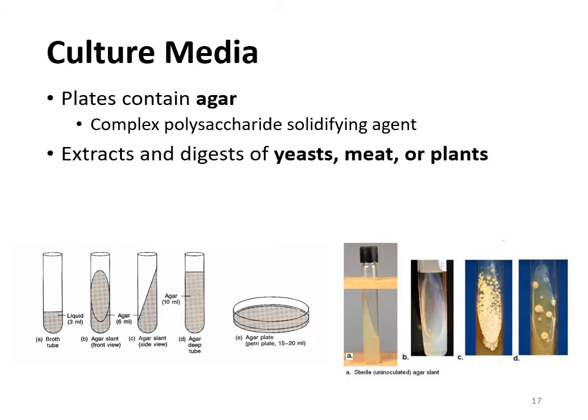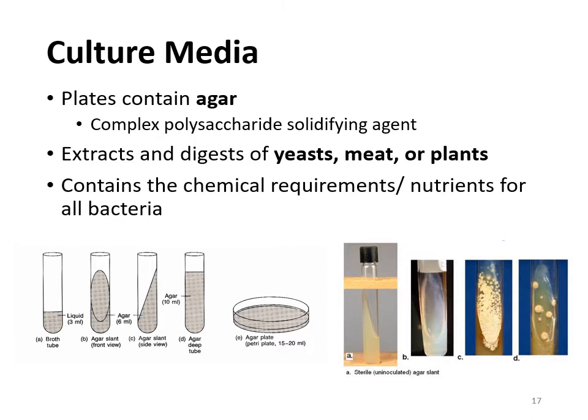The media also needs to have extracts, and these are important for giving it all of those chemical requirements we mentioned earlier. So the yeast, the meat, the plants give it things like the carbon, sulfur, and the phosphates that we talked about earlier. And ultimately, that is why the media is so important. It's giving the bacteria what they need to grow.